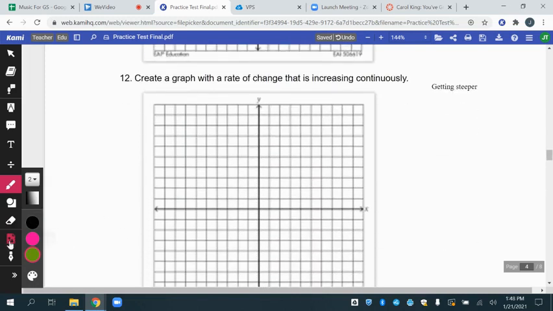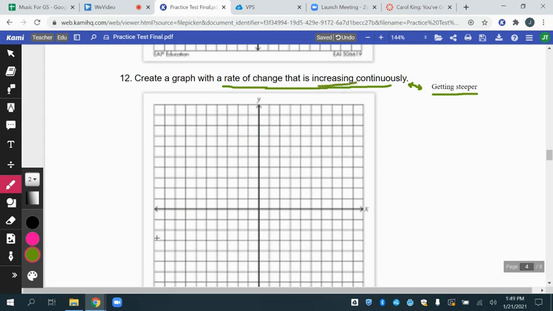Now we got something continuously increasing. Now notice it does not say a constant rate. It means the rate itself is actually getting more. That means that it's getting steeper. Okay, because if you remember, like when we were talking about the speed of the skateboard or whatever else, the steeper it is, the faster they're going. So what we're saying is they're continuously getting faster.